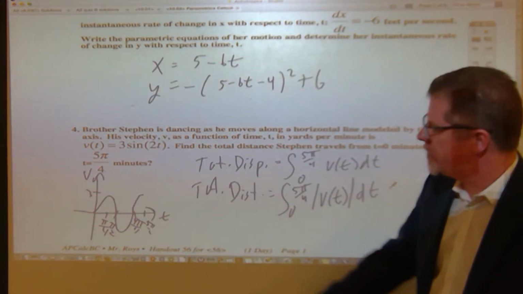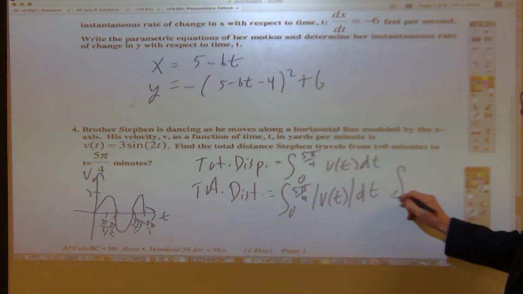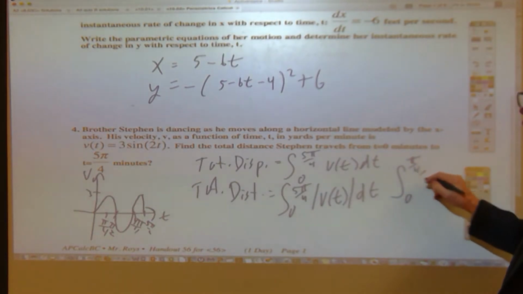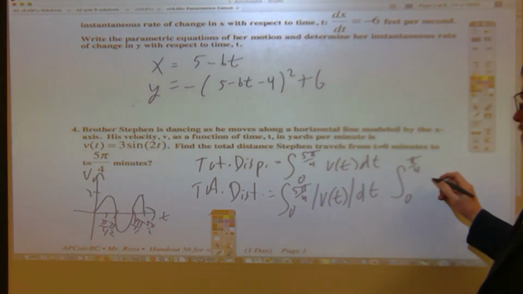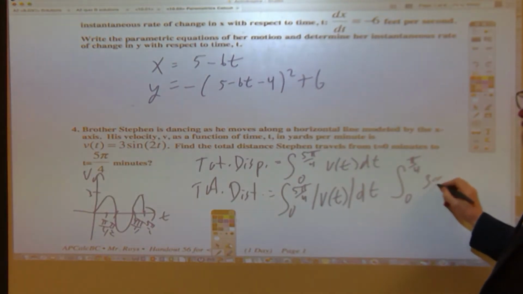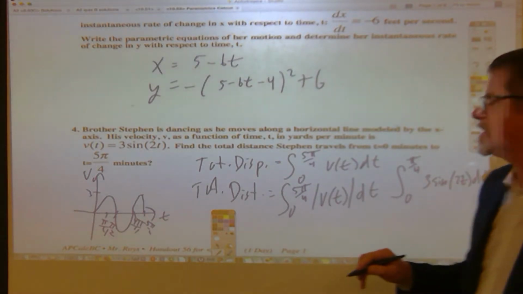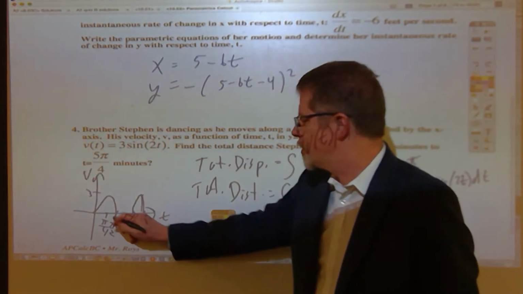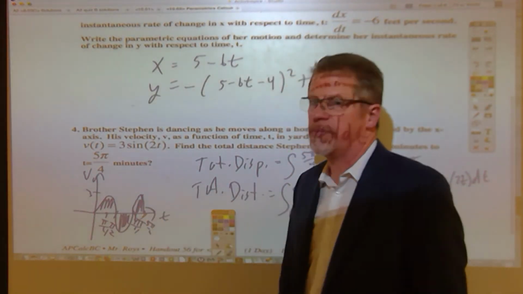Basically, how many of these are there? Really, by symmetry, all you would have to do is integrate from 0 to pi over 4 and multiply it by how much? This is 3 sine of 2t dt. The total distance would be basically this treated as positive area, that treated as positive area, and this treated as positive area.